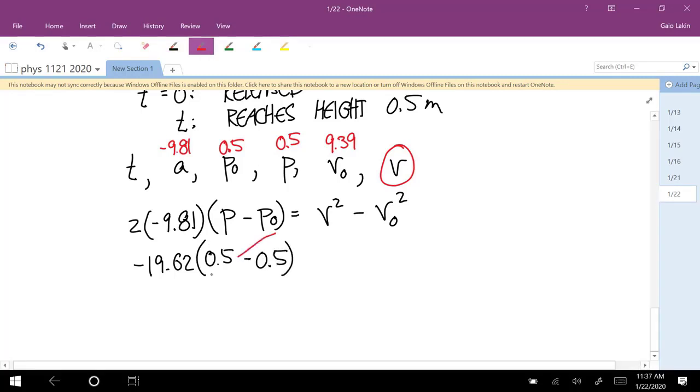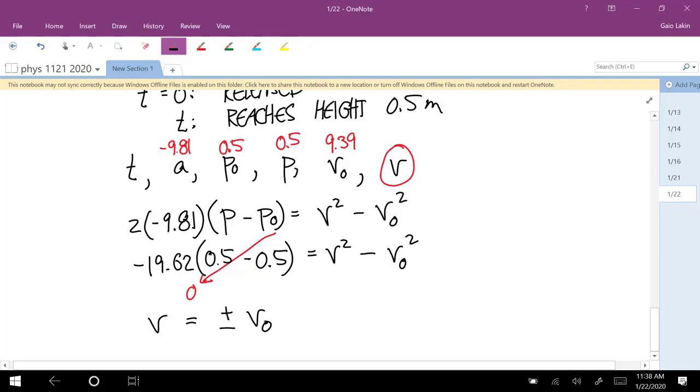In other words, the whole left side goes away. And v squared is equal to v0 squared. You can see that if the final position and the starting position are the same, then the whole left side goes away in that equation, and you end up with just that v is equal to plus or minus v0.